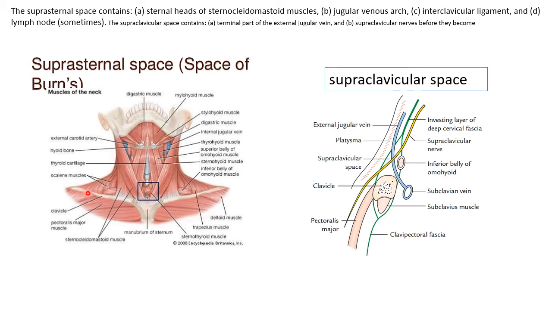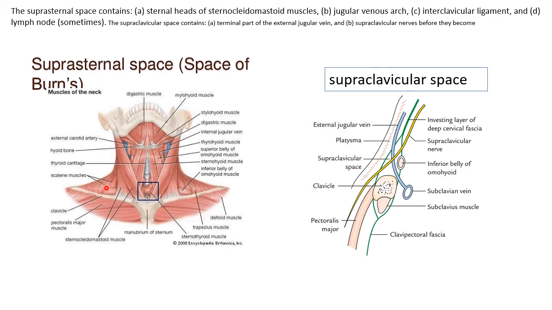Above the middle third of the clavicle, the fascia also splits into two layers. One layer gets attached to the anterior aspect of the clavicle, and the posterior layer gets attached to the posterior aspect of the middle third of the clavicle, and between these two layers a space is enclosed, called the supraclavicular space.